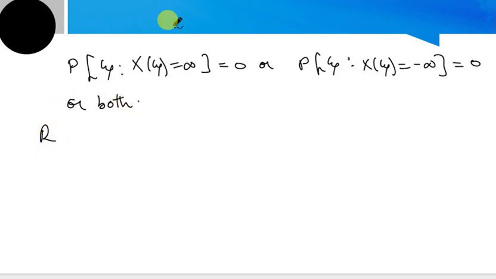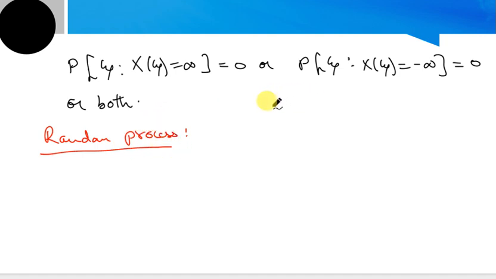Next, we go on to describe what is a random process.